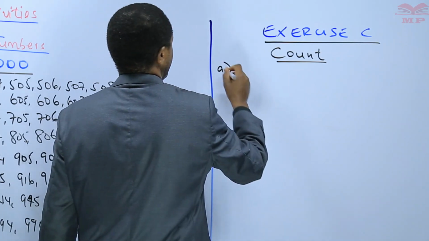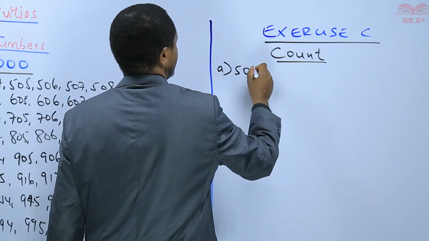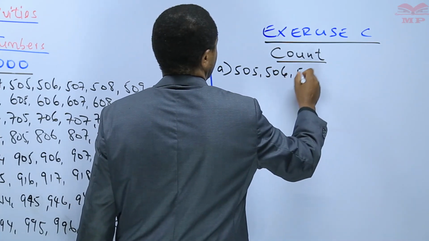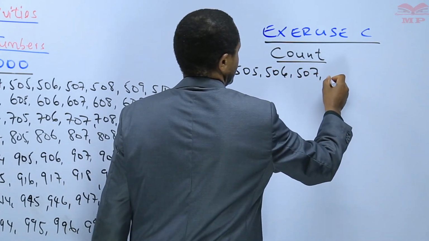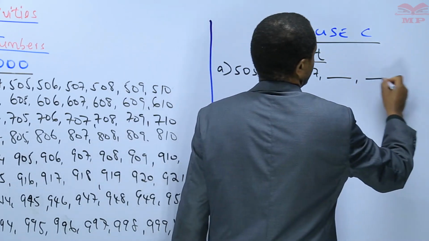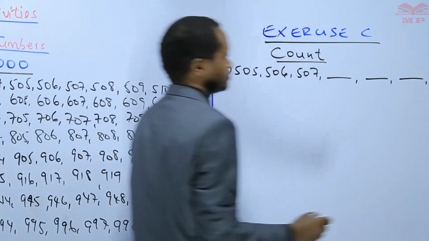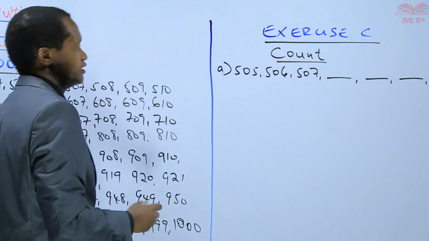A, 505, 506, 507, then dash, dash, dash, dash, dash. Okay.